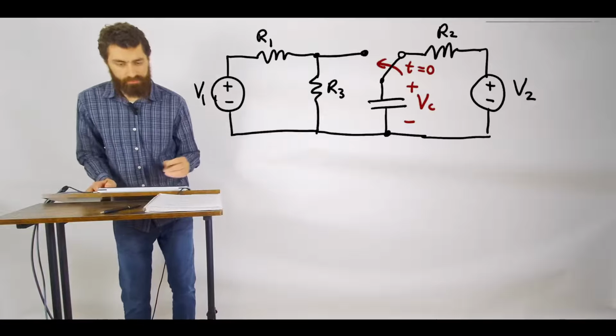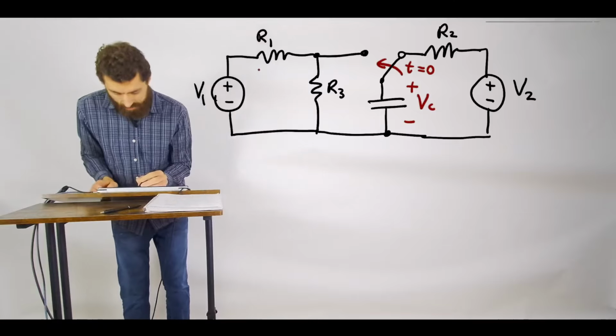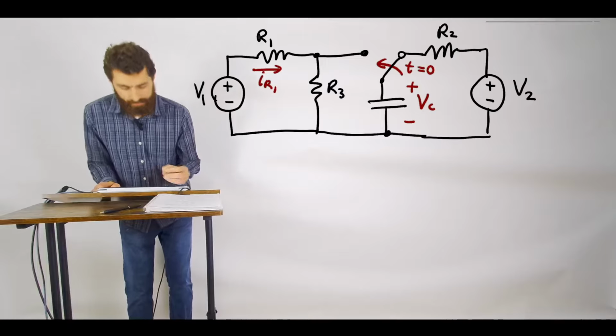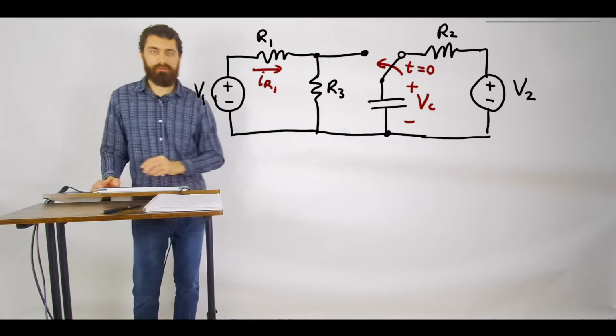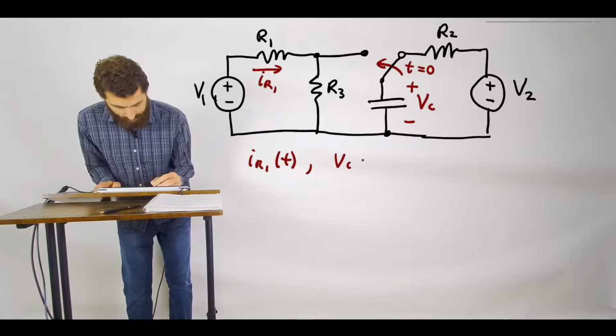And what we want to find is the current through this resistor, IR1, as well as the voltage across the capacitor as a function of time.